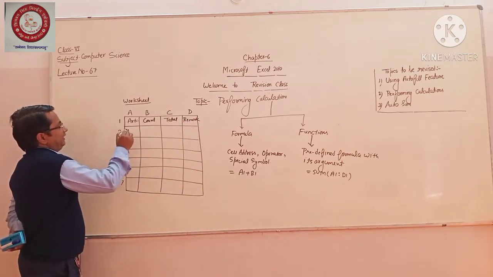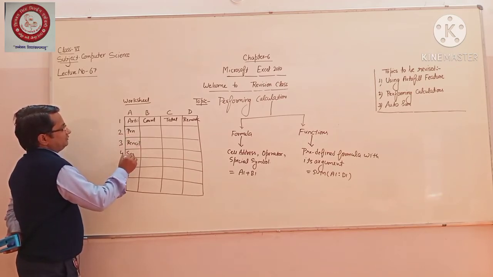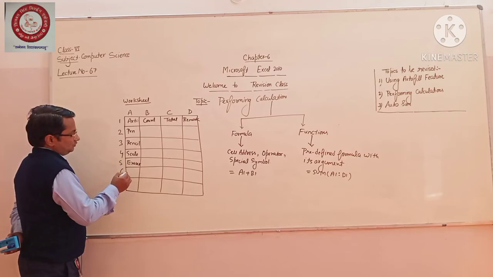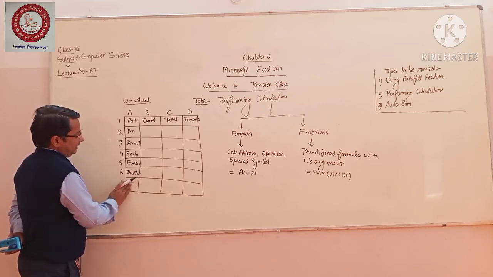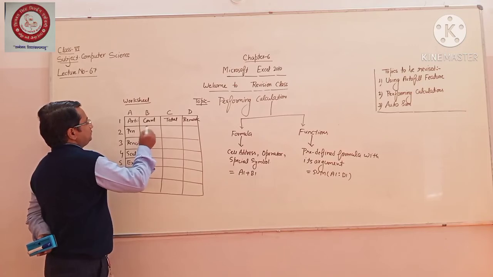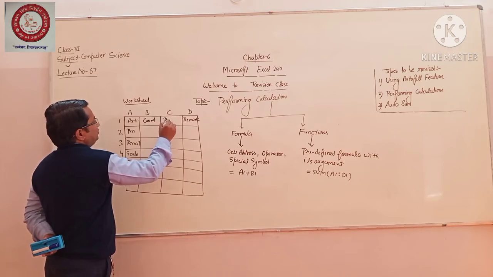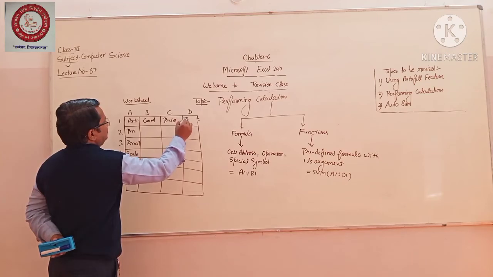Suppose I have taken pen, pencil, scale, eraser, okay, and what we will take like duster, and in this place you will take grand total. In this place I think you have to take price, and here in this cell you can write total.